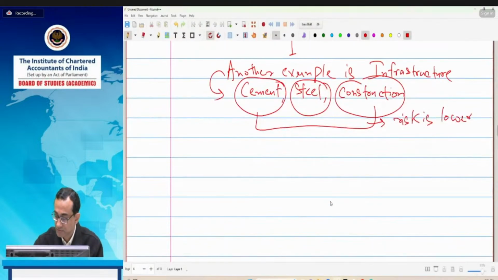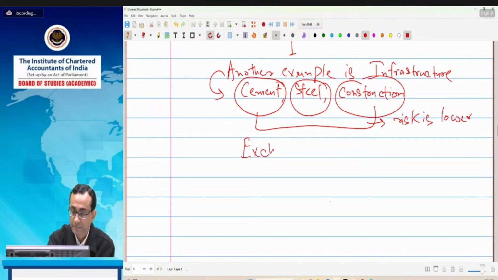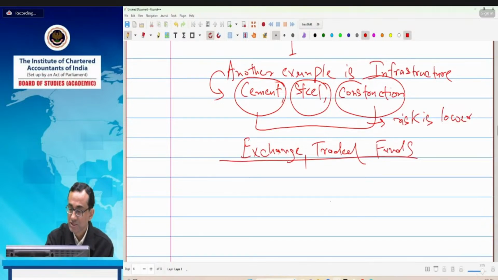Now we'll try to explain this further. Exchange traded funds are a combination of stock and index fund.